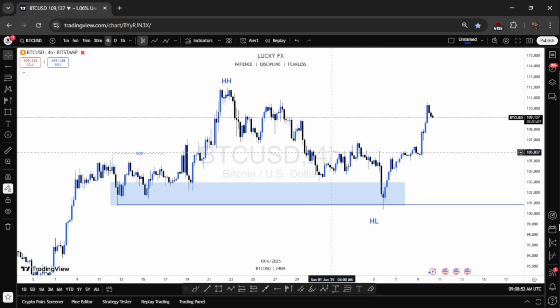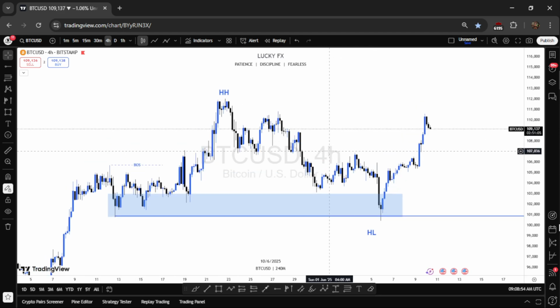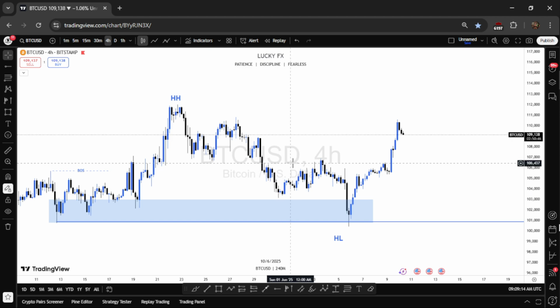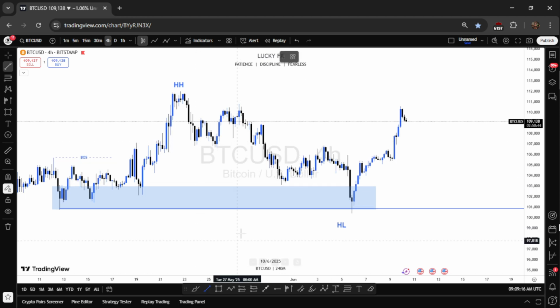So let's continue, guys. In this case, for me, what I'm seeing here is price has still not broken. Per my experience, per what I see over here, price is still in an uptrend, right? So let's start to identify some.